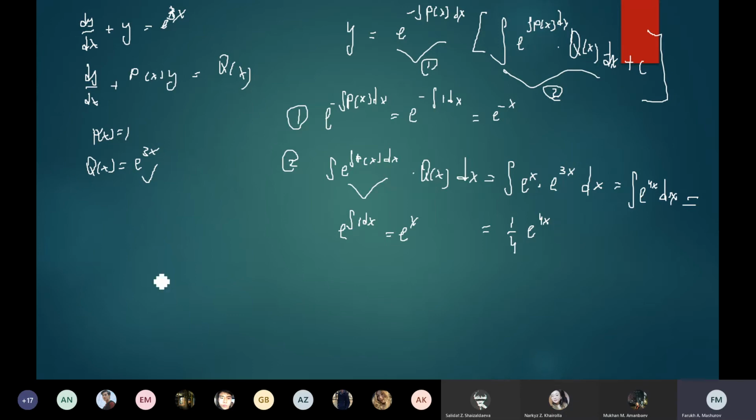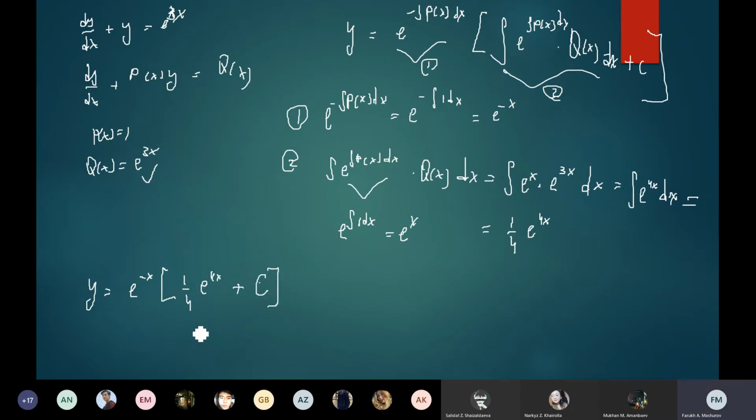Okay, so let's put this into our formula. Instead of the first one we write e to the power minus x, and instead of the second one we write 1 over 4 e to the power 4x plus c.